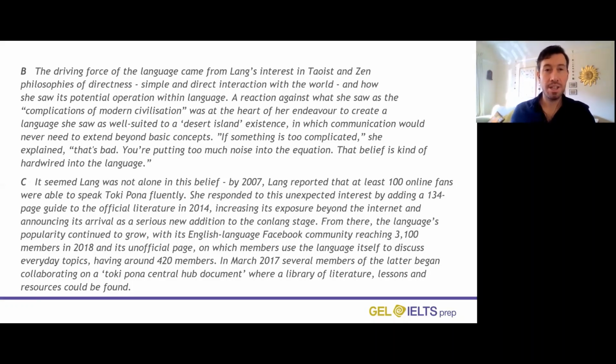Okay, so let's have a look together. Well, if we start with this first paragraph, we can see that it talks about the driving force of the language. It also mentions these 2 philosophies of directness in this first sentence. And then it talks about how a reaction against modern civilization was at the heart of it. And then at the end, it says that belief is hardwired into the language.